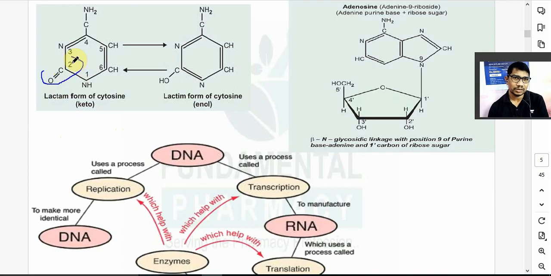At physiological pH, they are mostly in the keto form, which is the lactam form. The other is known as the lactim form or enol form. So the keto-enol form of these nucleotides shows isomerism, and this is known as tautomerism.